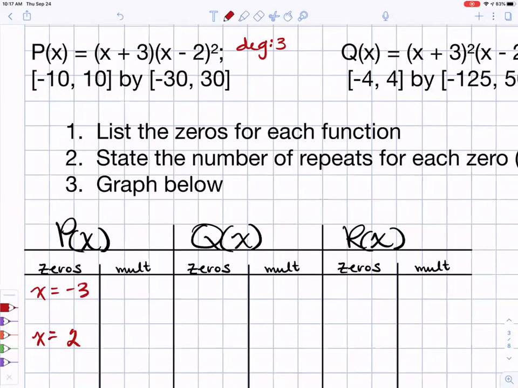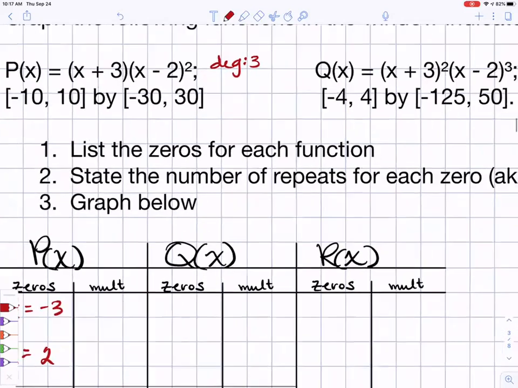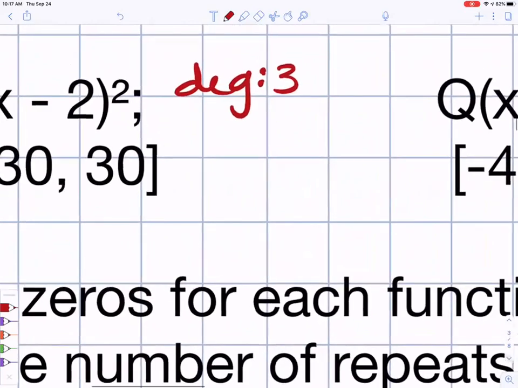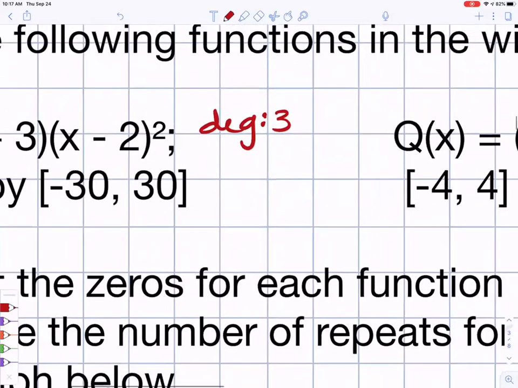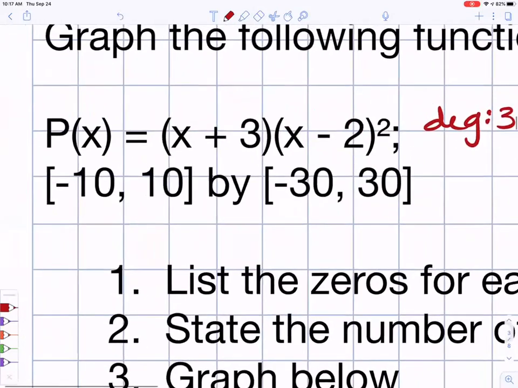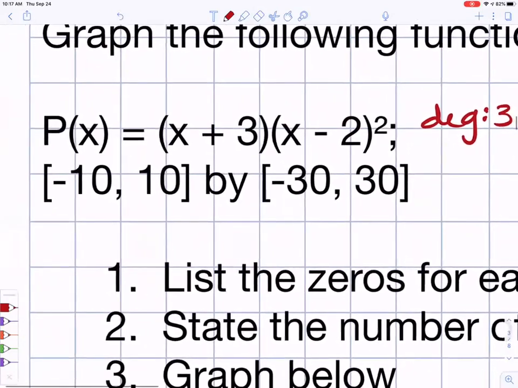Okay, the last thing I want you to think about is if you have a degree of 3, what's the end behavior? I'm just reviewing some things. What's the end behavior for a degree of 3? One up, one down, right? Should I be going overall uphill or overall downhill?